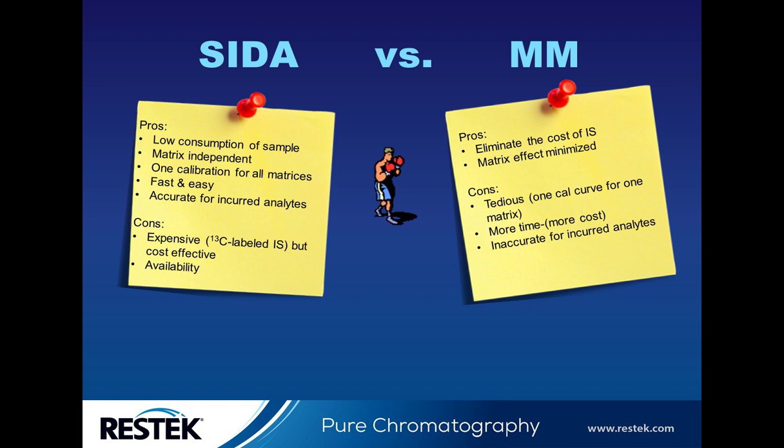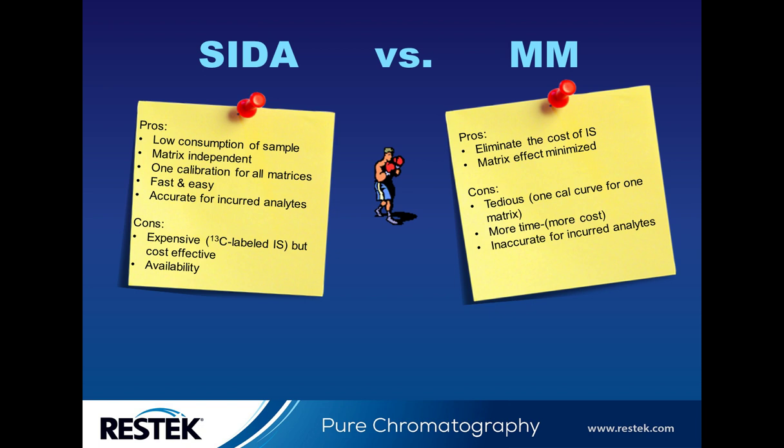Well, as I mentioned, internal standard can be tricky because most of the time it might not be available for your target analyte, and even if you can buy it, it's still very expensive. As far as the matrix matched method is considered, it can eliminate the cost or usage of standard, and it also minimizes the matrix effect in a certain way.